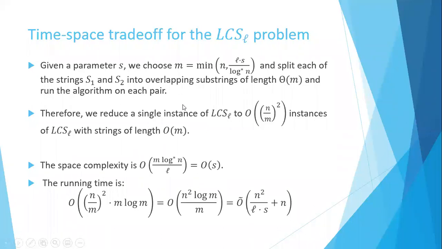And this basically means that now we have many instances of S1 and S2, and we just go over all the pairs.